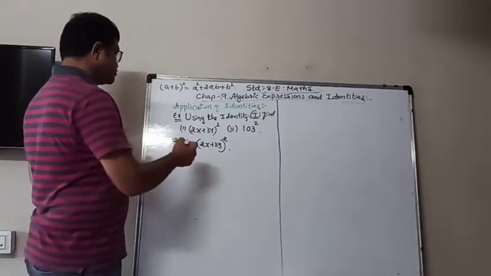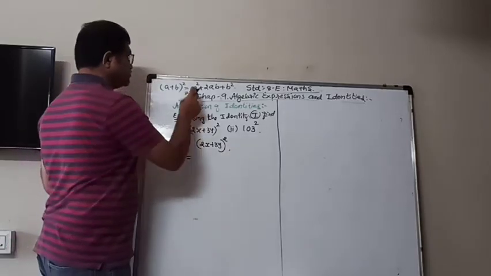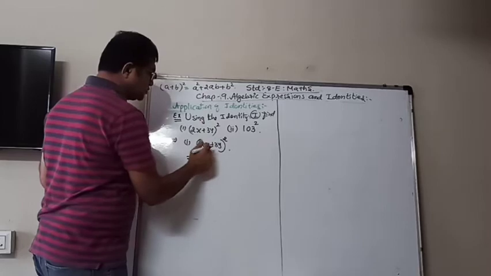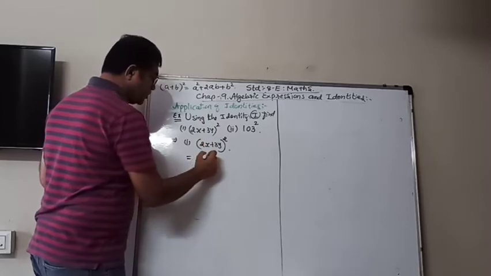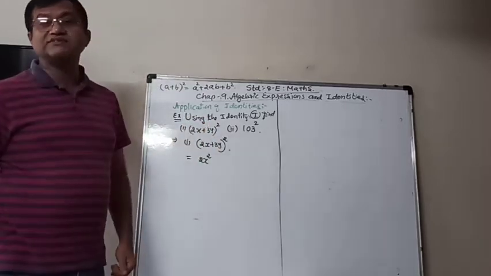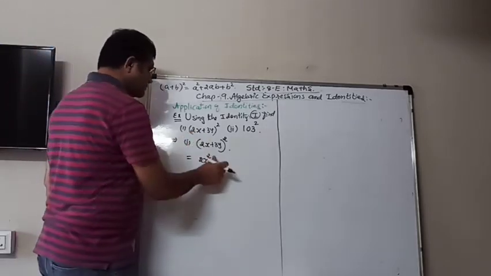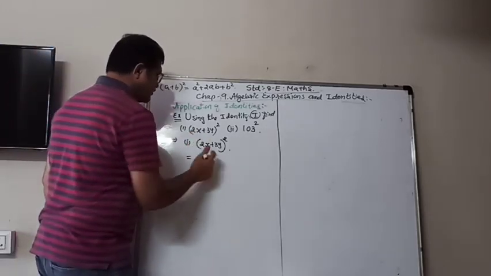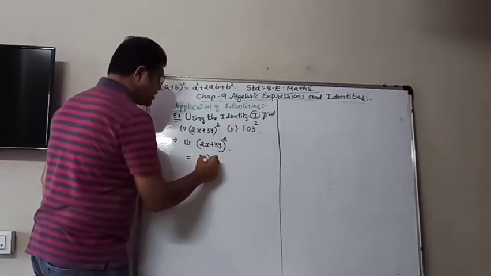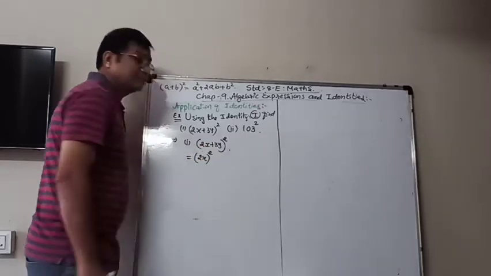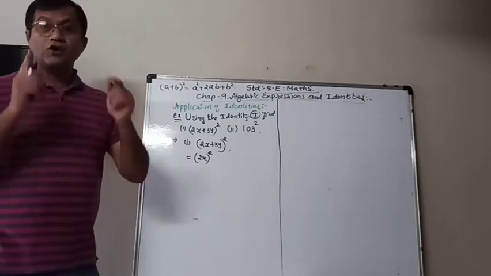Look here. First one is a square. What is a here? 2x. Don't write it like 2x square. When you take the square of the first term, you have to write it in a bracket, that is (2x) whole square.